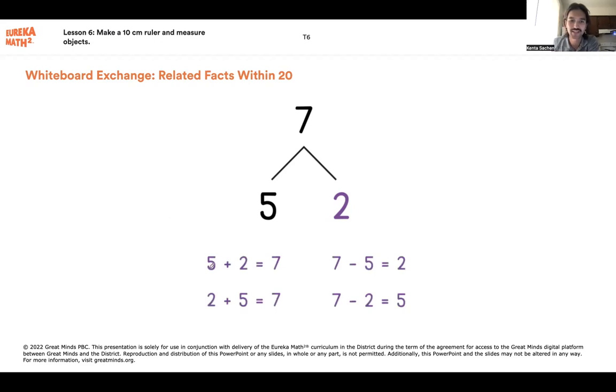Okay, so we can say, everyone, 5 plus 2 equals 7, or 7 minus 5 equals 2. Now, if we do the other way, we can do 2 plus 5 equals 7. And last one, 7 minus 2 equals 5, right?